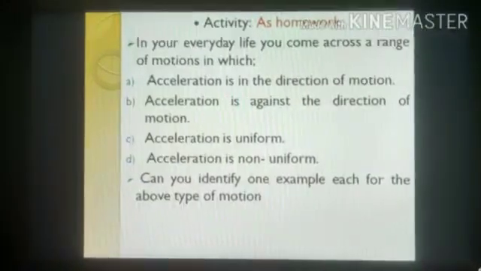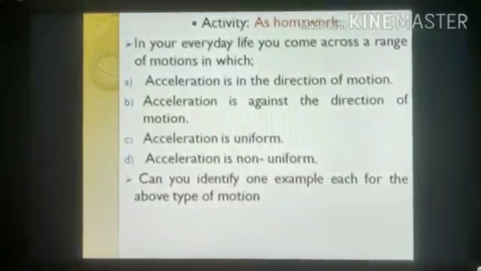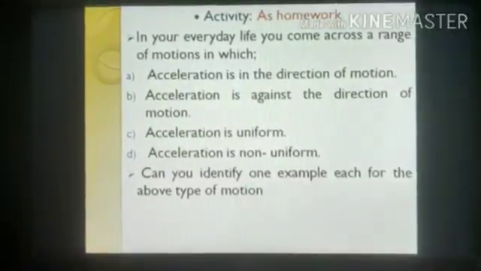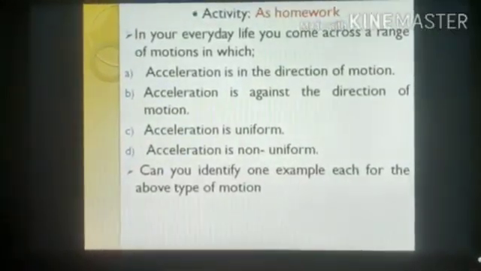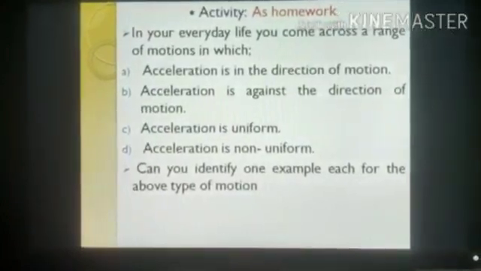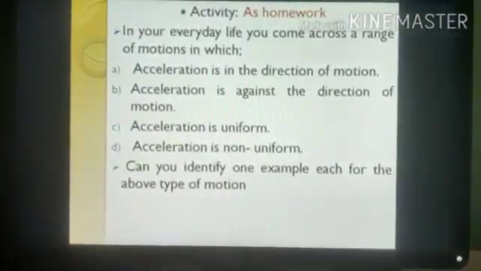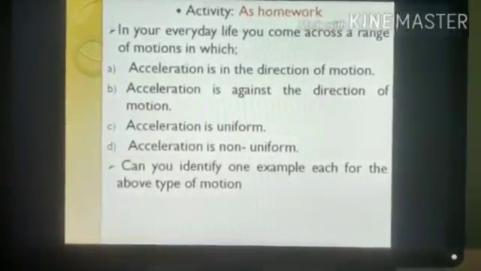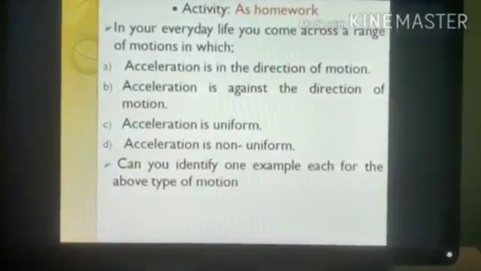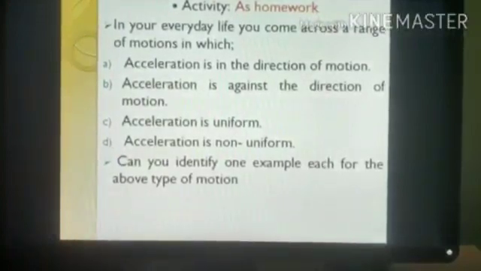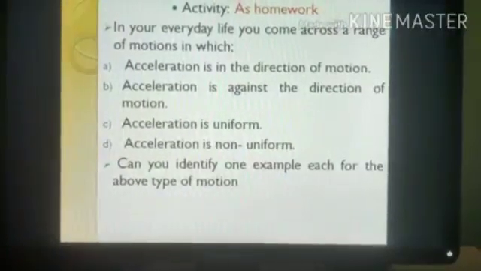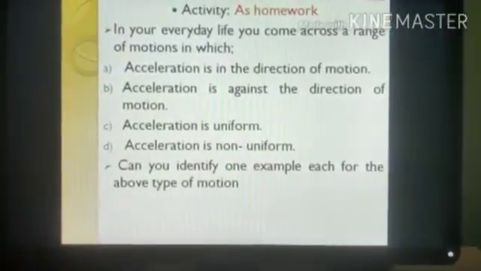This activity I am giving you as homework. So please spend some 5 to 10 minutes to understand what is happening in this activity. In your everyday life, you come across a range of motion in which, number one, acceleration is in the direction of motion.